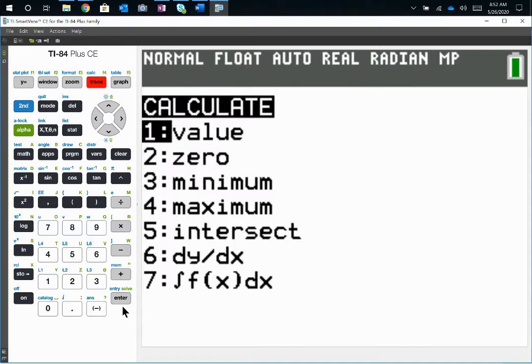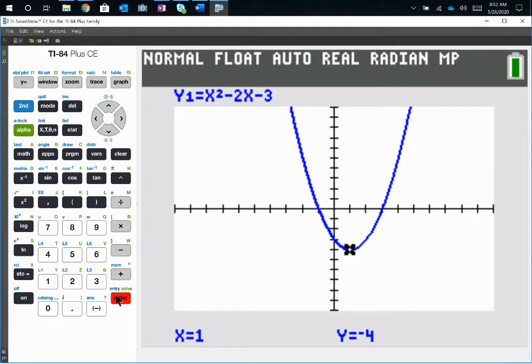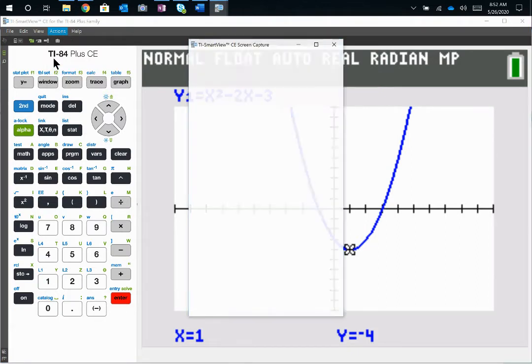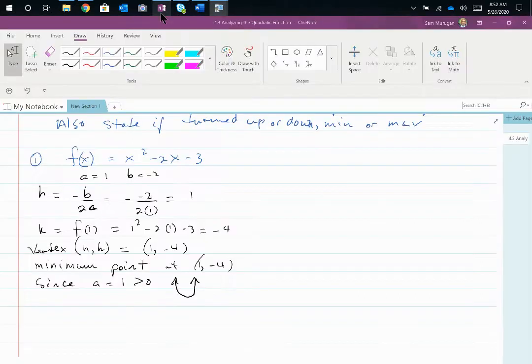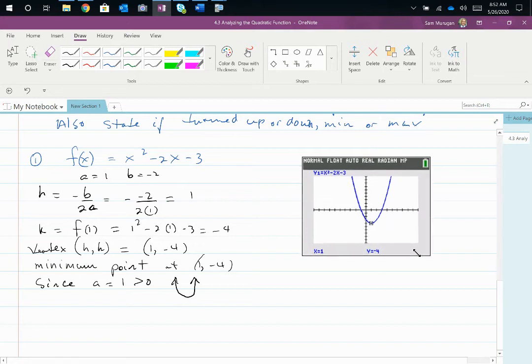Just take it to the nearest decimal point if you want, and you get your answer 1 and negative 4 as the minimum point. So notice this is showing us everything. It's showing us that our graph is turned upwards and it has a minimum point. We've demonstrated all of this.